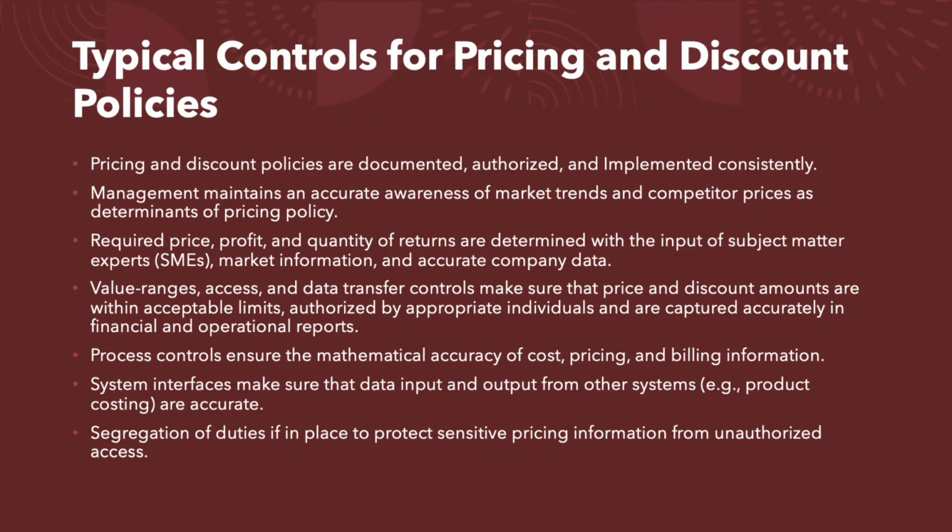The next control will be value ranges, access, and data transfer controls. Make sure that price and discount amounts are within the acceptable limits, authorized by the appropriate individuals, and are captured accurately in financial and operational reports. So, for the purposes of tracing and reviewing it, especially for the internal auditor, and for the sake also of the management, we should have a range of possible pricing or discounts that we can give to our customer.